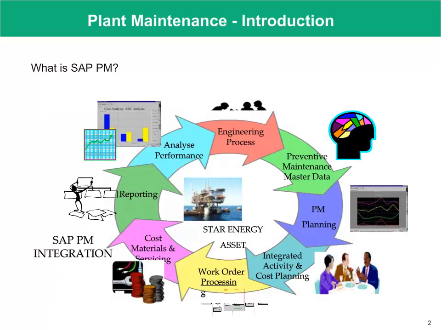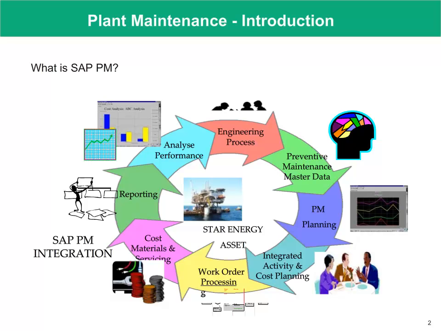SAP Plant Maintenance Module is integrated with other SAP logistic modules that can perform the following functions: SAP Plant Maintenance helps in representing organizational structures within maintenance. It also helps in representing and managing objects to be maintained in a detailed manner. Planning and processing maintenance tasks in a detailed manner.